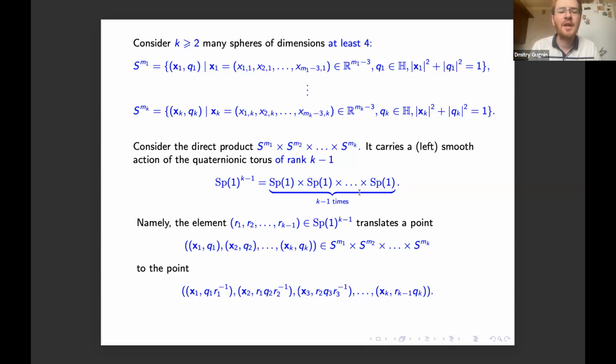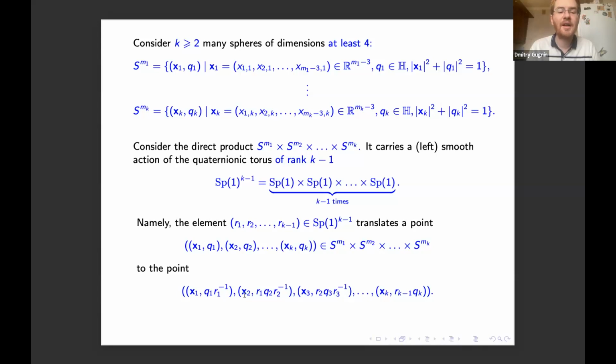The quaternionic rotations translate this point to this point, just as in the complex case. It is not too hard to prove that it is a left smooth action.